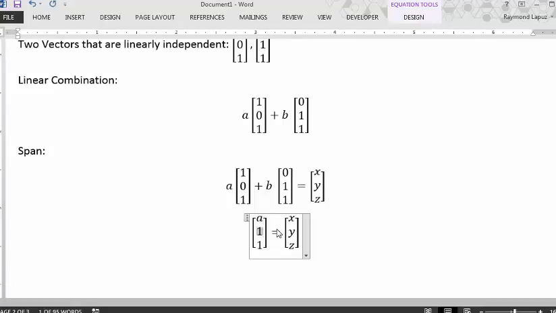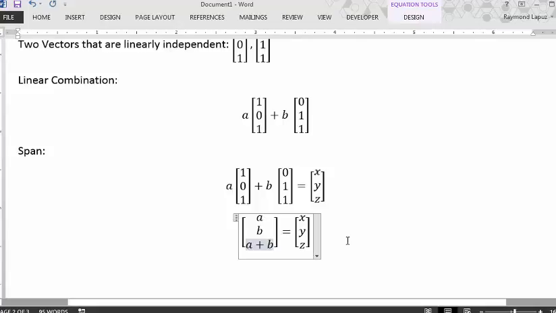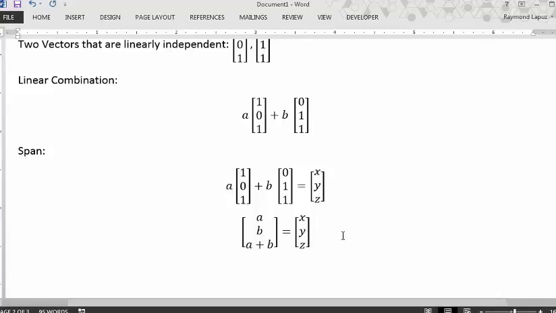We add 0 times a plus b times 1. And we add 1 times a plus 1 times b. So we get a system of linear equations that look like this.